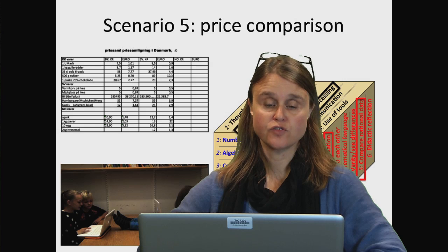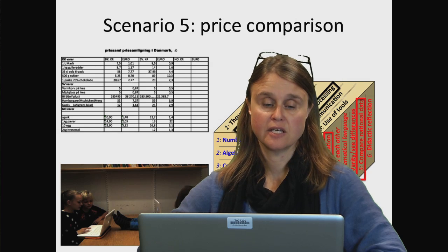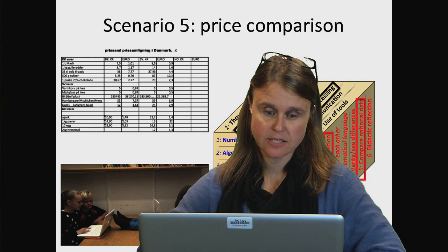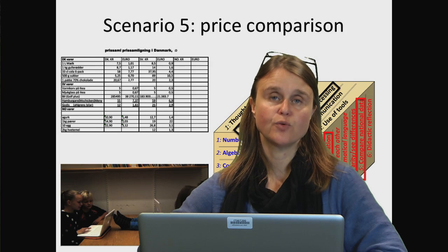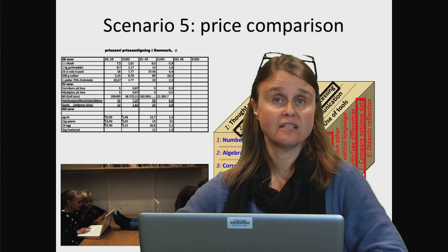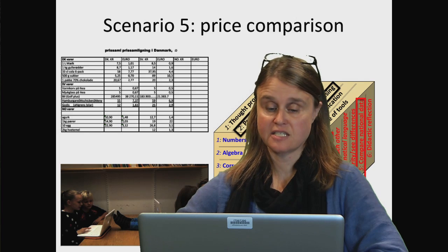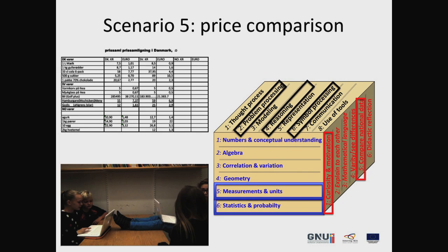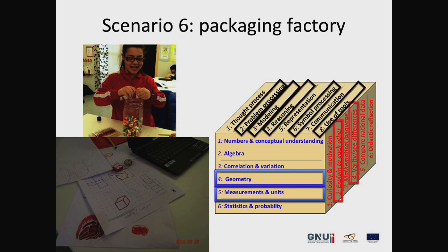Scenario 5 was related to price comparison, looking at everyday merchandise that is commonly used in everyday life in Norway, Denmark, and Sweden in order to compare and contrast the prices that they had. Scenario 6, packing factory.